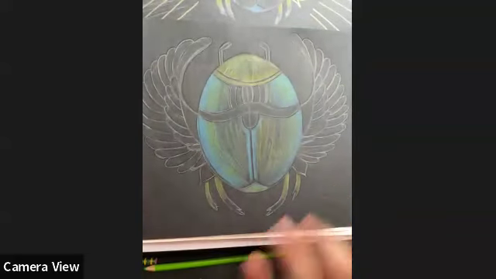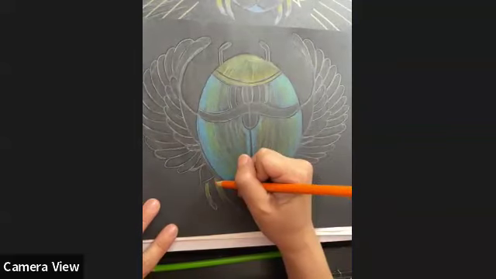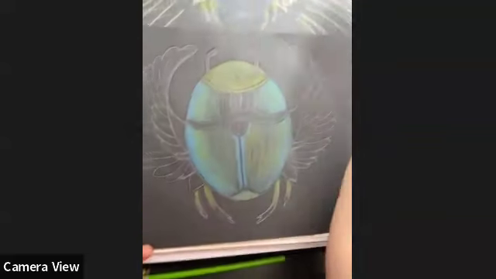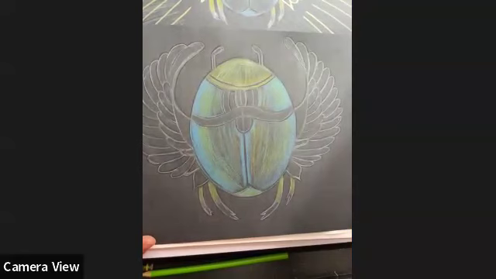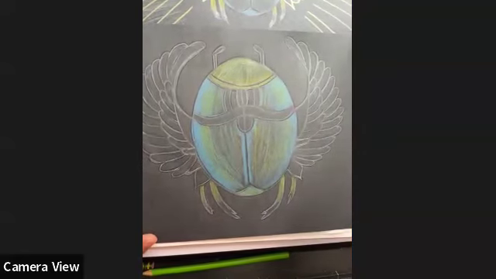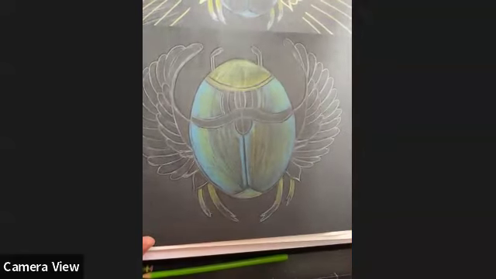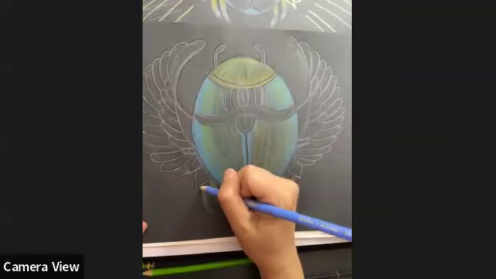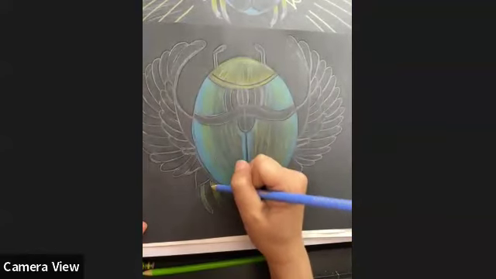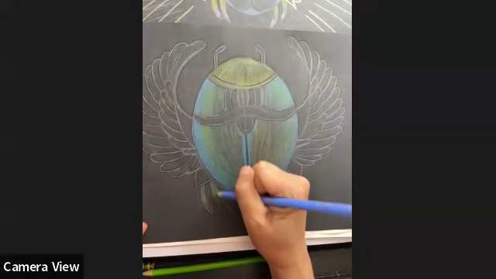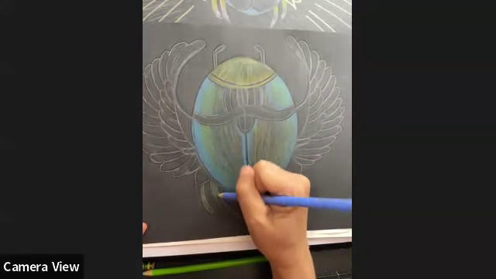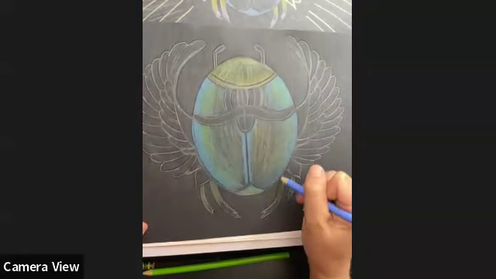Like if I want to come and maybe grab, let's see, what color do I want with the yellow. Maybe I kind of want this weird blue color. And I'm going to make it look a little bit darker.